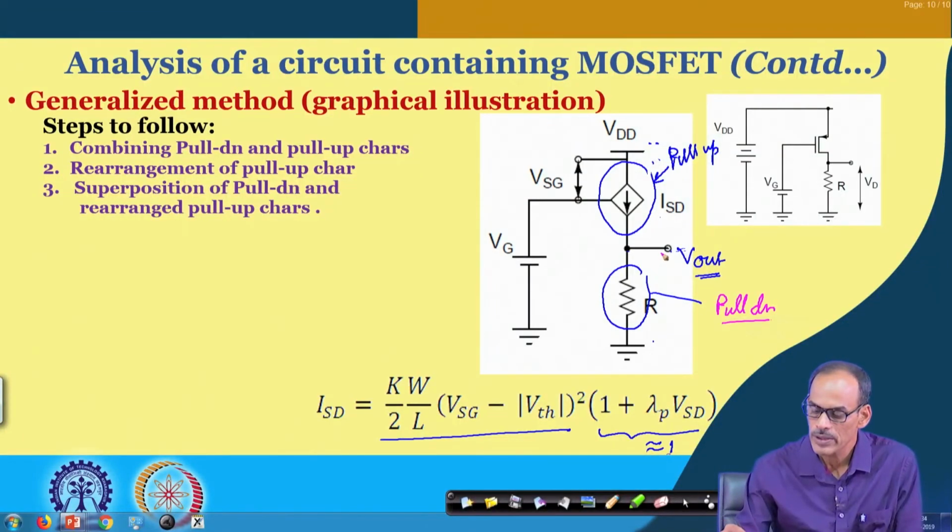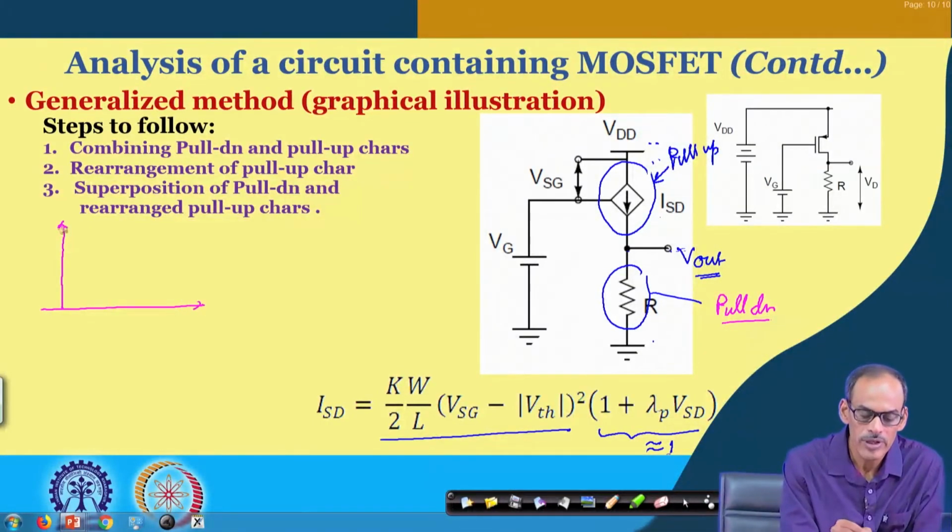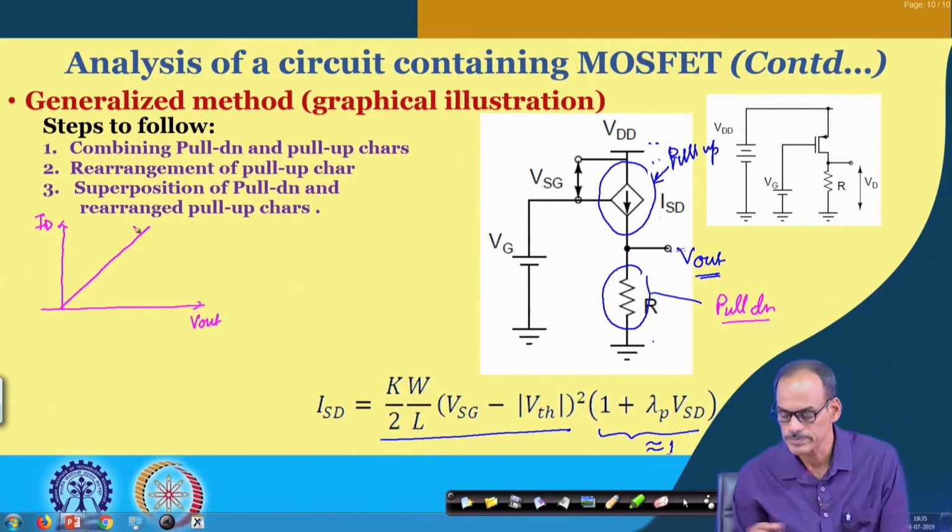Interestingly, V out is this one. So, first let us draw the pull down characteristic. We have the pull down characteristic, namely IR versus V out, and incidentally that is the drain voltage, and we know that this is a linear element. So, we draw this one.